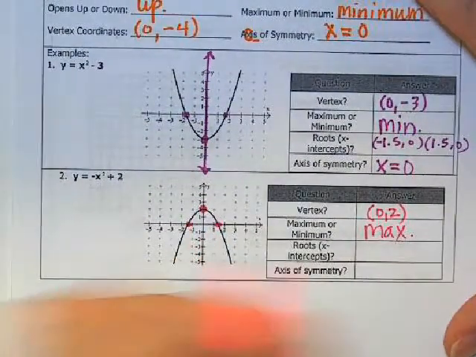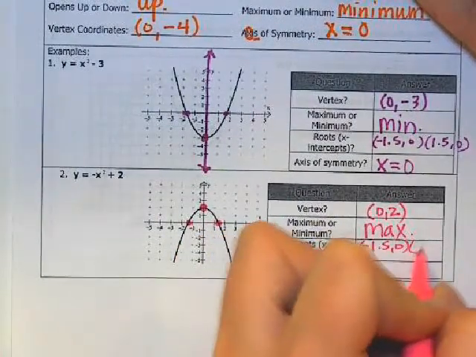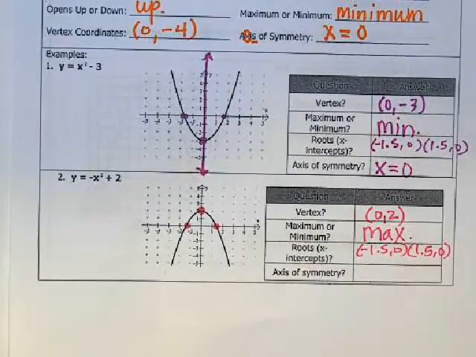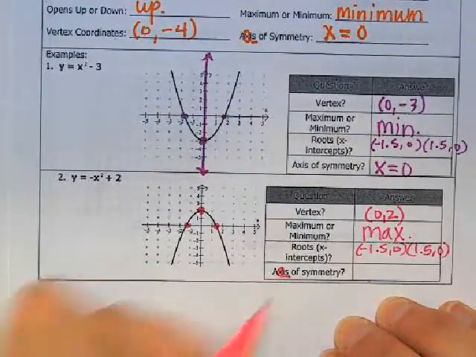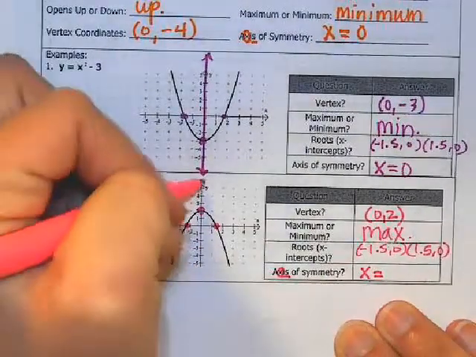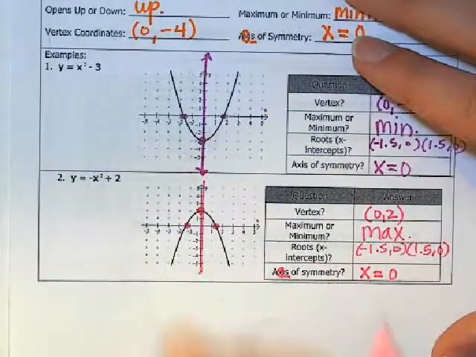I'm just going to guesstimate: -1.5, 0, and +1.5, 0. They just happen to be the same as the first one. My axis of symmetry, its x is, so it's got to be x equals. Where does it go through the middle of the graph? X equals 0. Make sure you're paying attention.